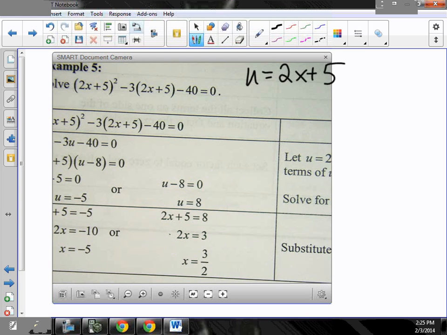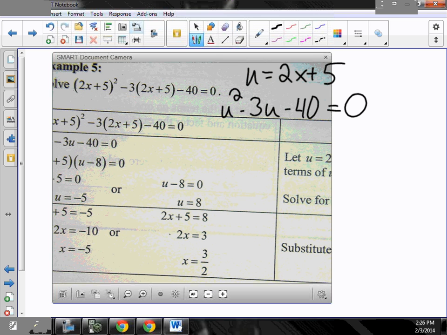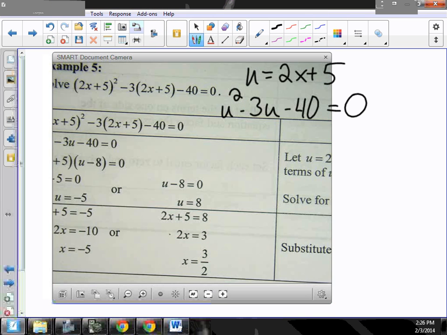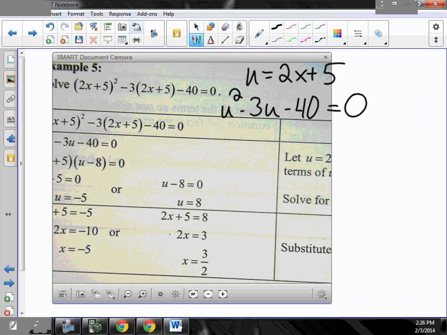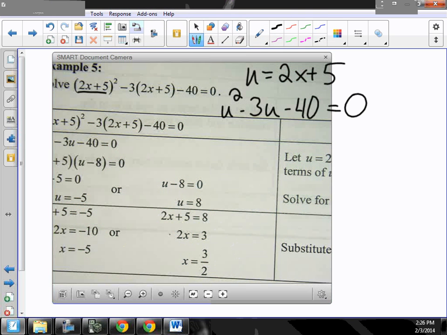And then we have the quadratic, u squared minus 3u minus 40 equals 0. Yes, you define u every time you have one of these. And you could do it the long way, but does anybody really want to multiply that out? No, I don't want to.